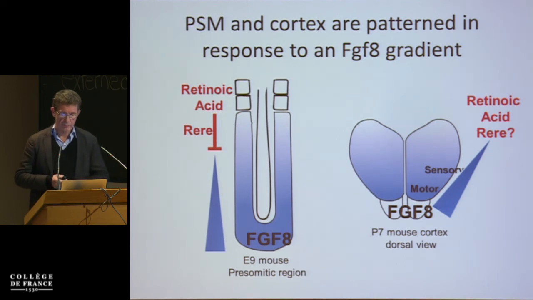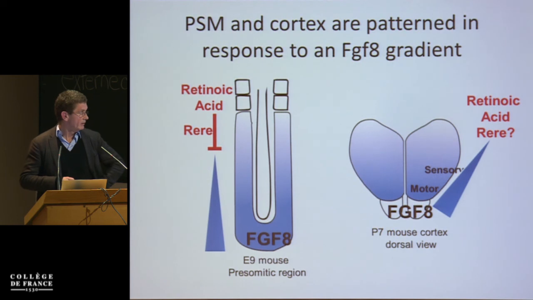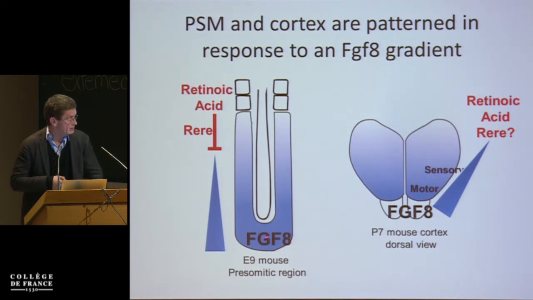And then we became interested in that and realized that there is a very striking similarity in the way the two systems, namely somitogenesis and the motor cortex patterning, are established. Both take advantage of a gradient of FGF8, which is antagonized by retinoic acid signaling. This is better described in the case of the somites, but there are also a number of arguments that suggest this in the brain.